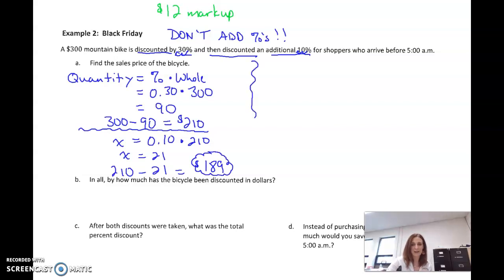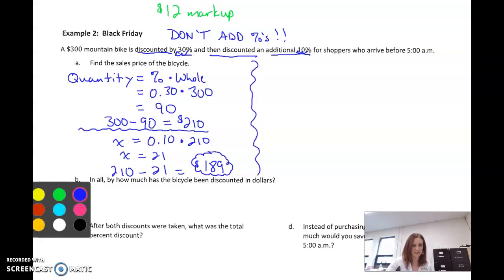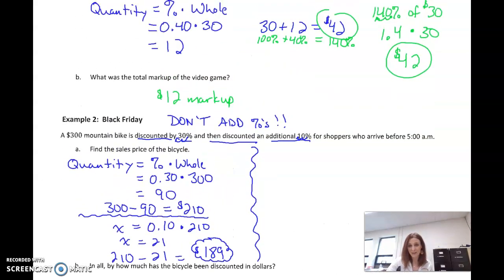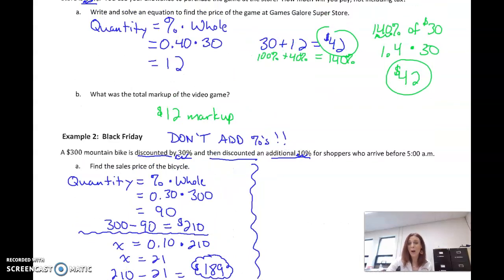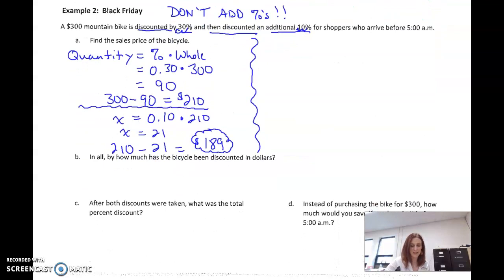All right. But I need to get pink back here. Okay. There's another way you can think of it. Kind of like right here. We're thinking about what percent are we paying of it? Well, if it's discounted 30%, okay, let's think of this for a second. What percent are you paying?